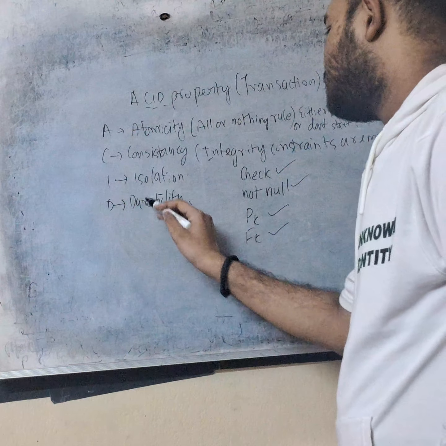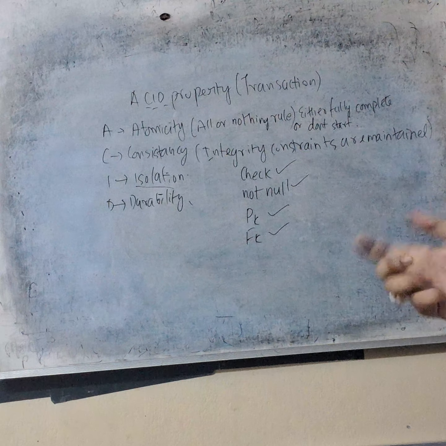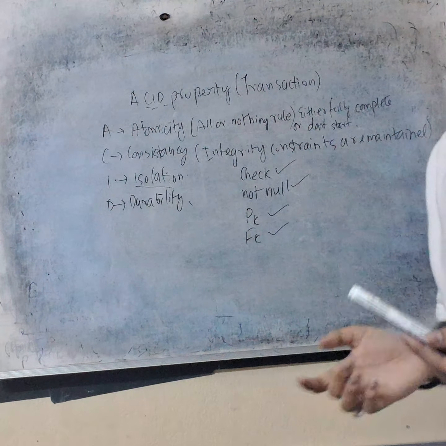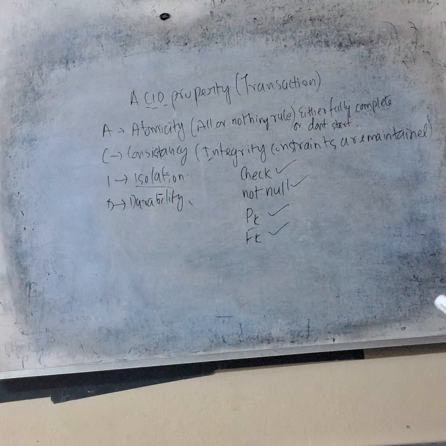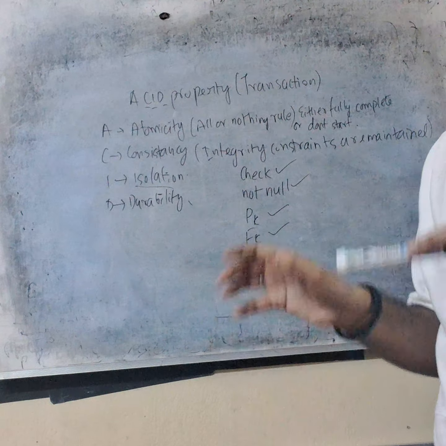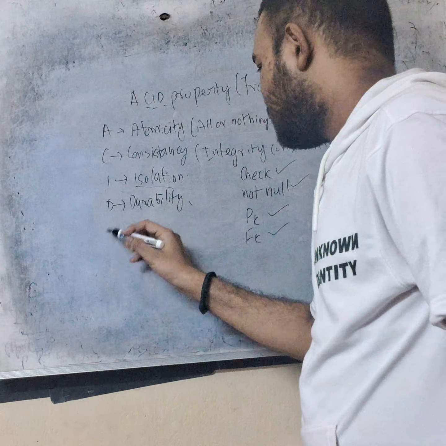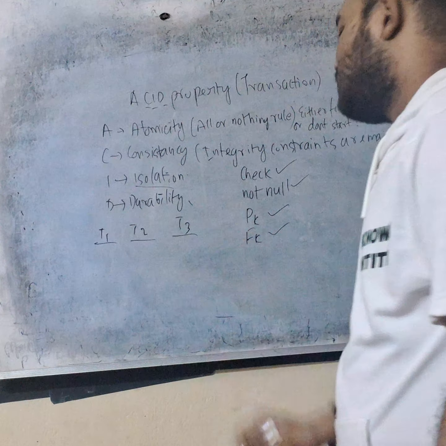The next property is isolation. What is the isolation property? Every transaction should think that it is running alone in the system. No other transaction is running along with it. But in reality, multiple transactions are taking place simultaneously. Let's say this is the first transaction T1, this is the second transaction T2, and this is the third transaction T3.